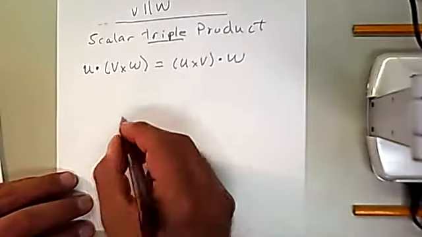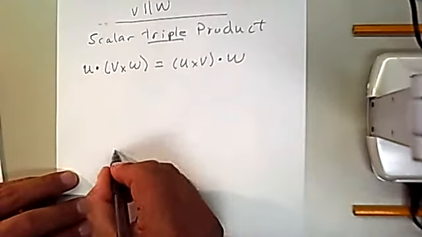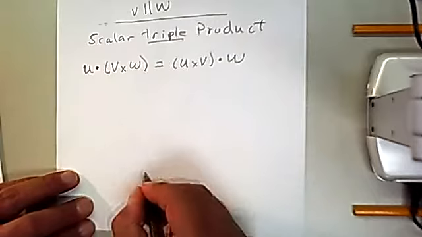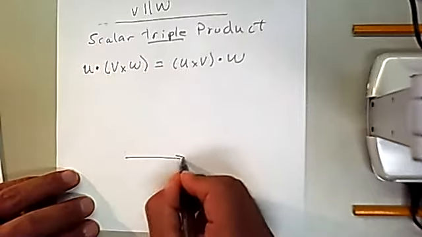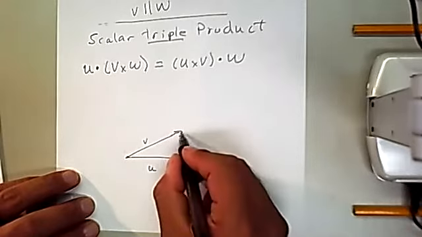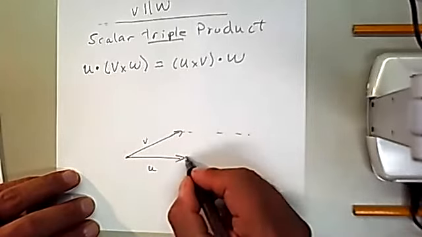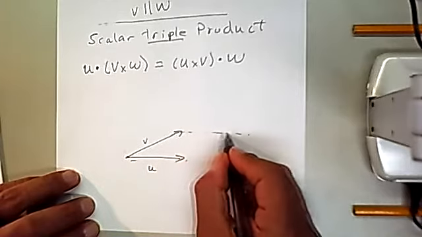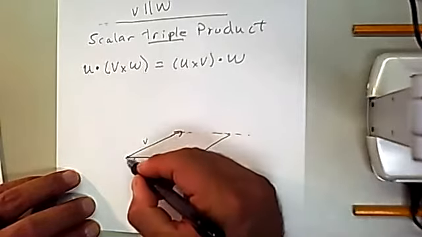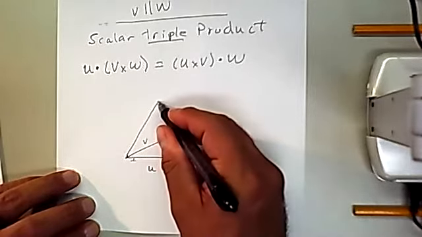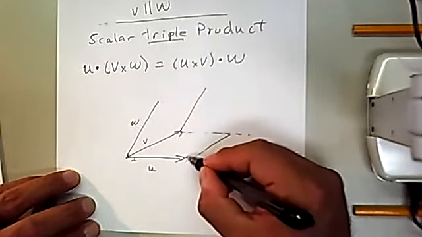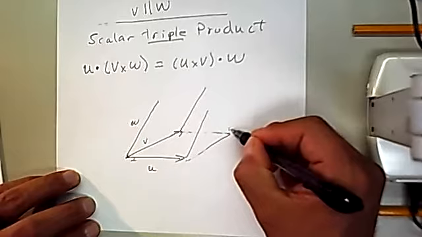The geometry of this is that if you have three vectors, not necessarily lined up with the x or y axis, just three vectors. So we have a vector, another vector, u and v. We can form a parallelogram by copying u and adding it here, and copying v, adding it there. And then if we have a third vector, w, then we can copy that vector in each one of those corners.